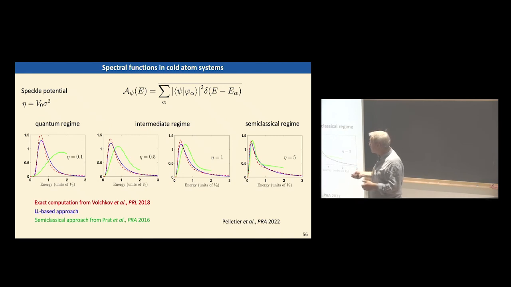Here are the predictions that are made for different values of eta, the quantity that I mentioned before. Here is the quantum regime, this is the semi-classical regime. In between, you have the transition. Here is the prediction in blue, the prediction with the localization landscape. In red is an exact computation, and in green is the semi-classical approach.